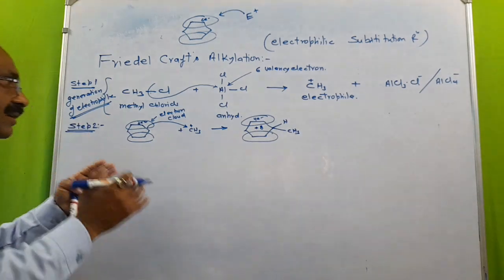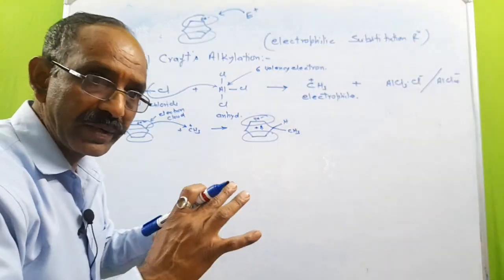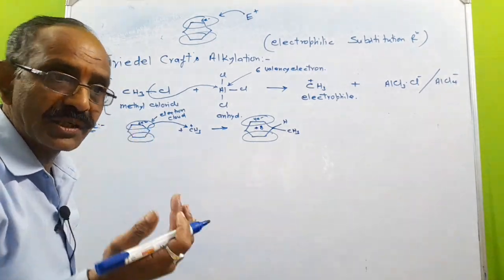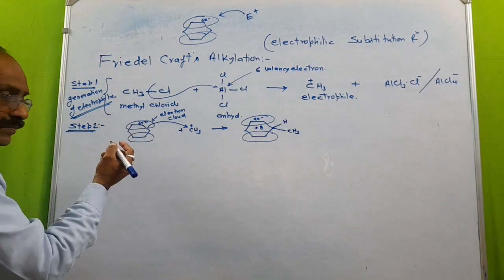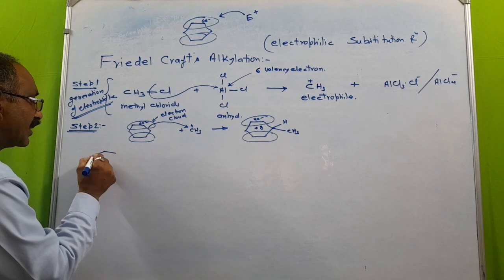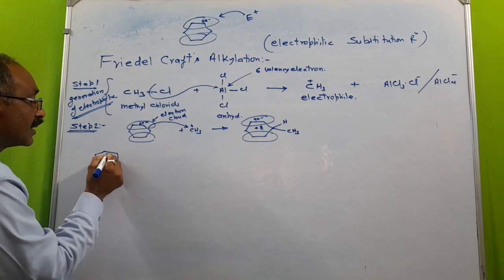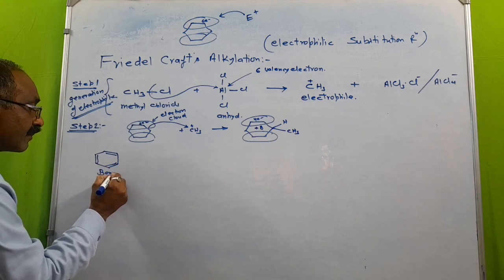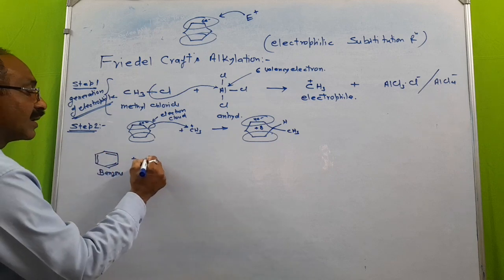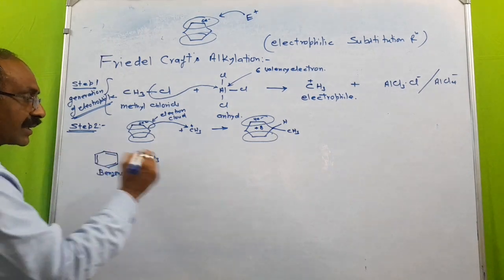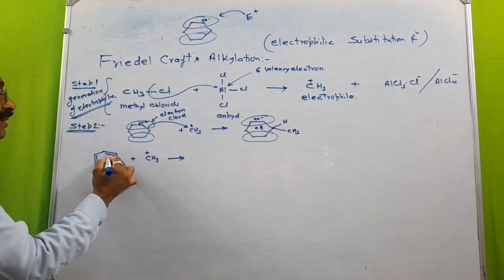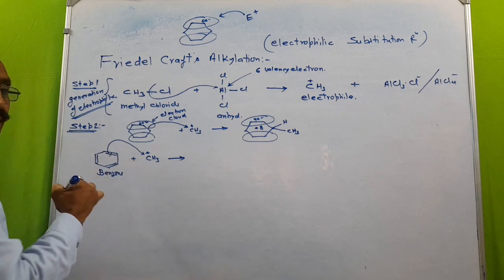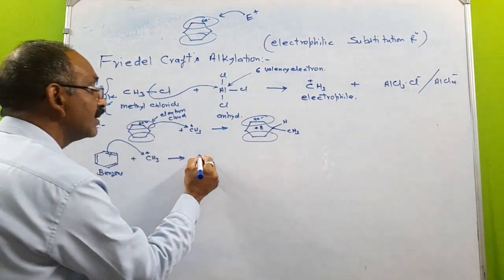Now in order to explain the mechanism on paper, we make use of the resonating structure of benzene as proposed by Kekulé. So here this is one of the resonating structures for benzene. Now the electrophile CH3 plus approaches the ring. What happens? Making use of these 2 electrons, the ring will form a bond with the CH3.